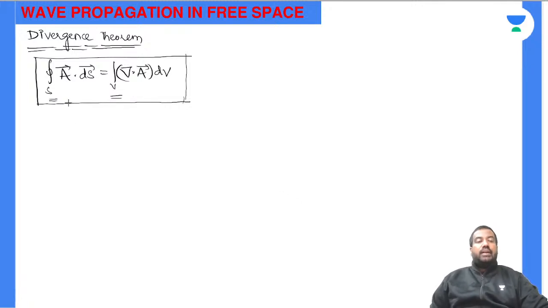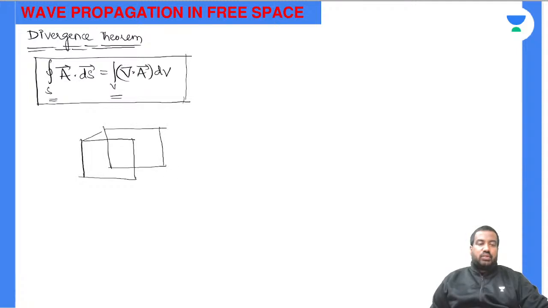Fine. Closed surface integral of A dot ds is volume integral of del dot A dV. What is this doing? It is relating closed surface to volume.